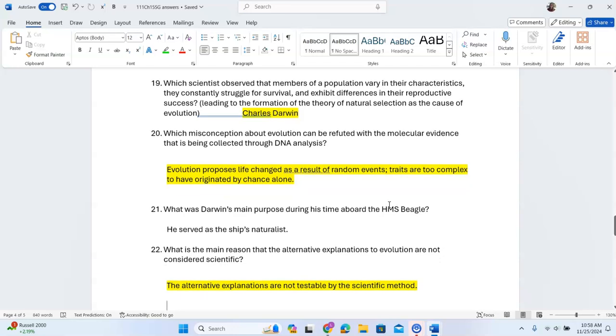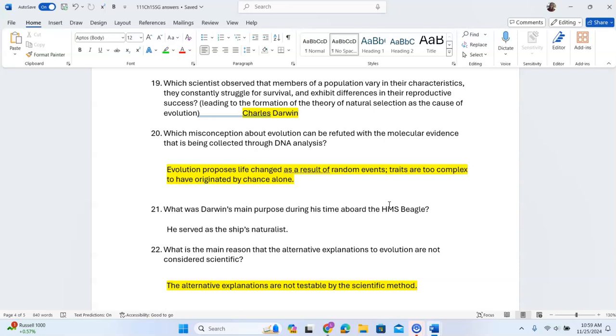Which misconception about evolution can be refuted with the molecular evidence that is being collected through DNA analysis? And this misconception is that evolution proposes life changed as a result of random events. But traits are too complex to have originated by chance alone.